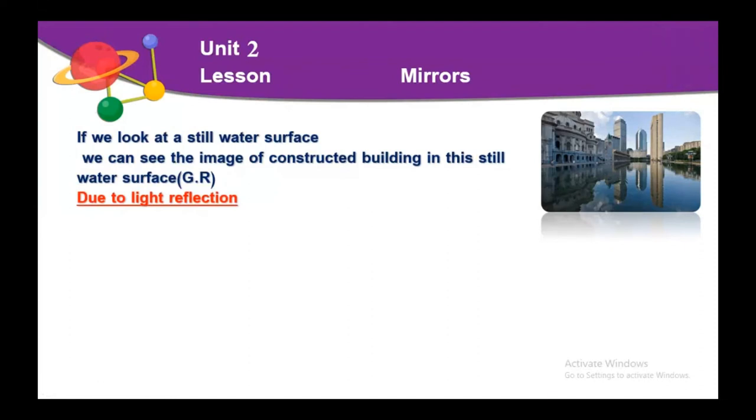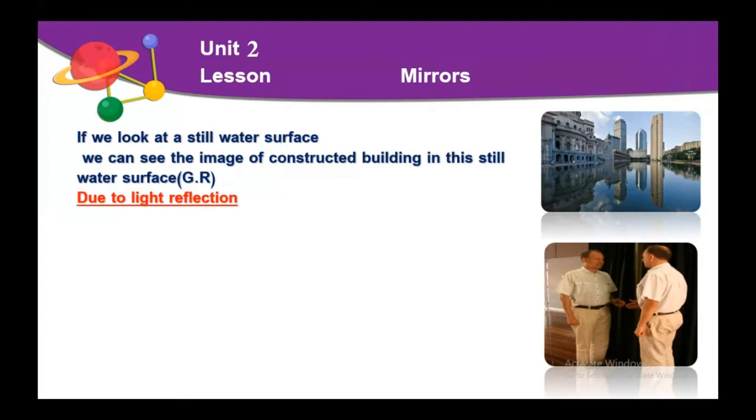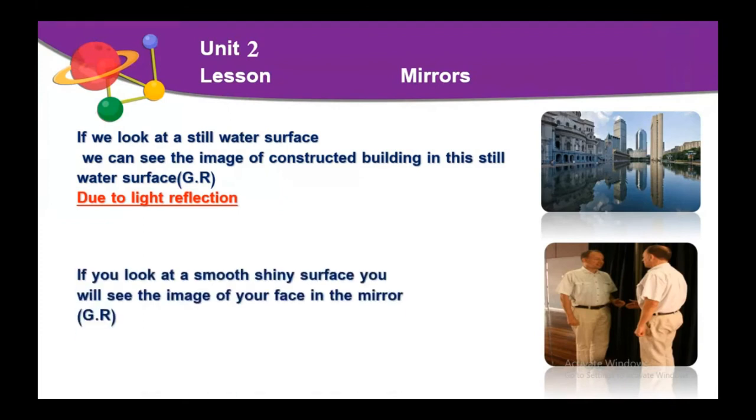Another picture, yes, you can see your image in the mirror. Why? If you look at the smooth shiny surface, you will see the image of your face in the mirror. Why? Yes, due to light reflection.